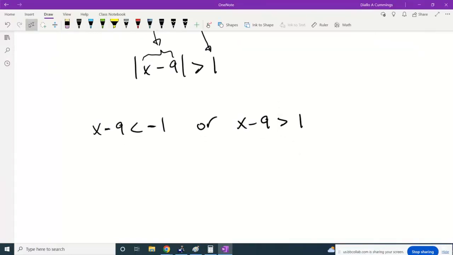So now we're going to solve them. To solve this first inequality, I'm going to transpose 9 or add 9 to both sides. So x is less than 8 because 9 minus 1 is 8.